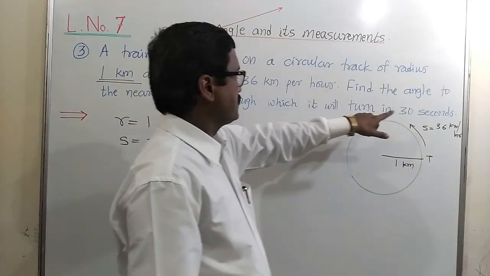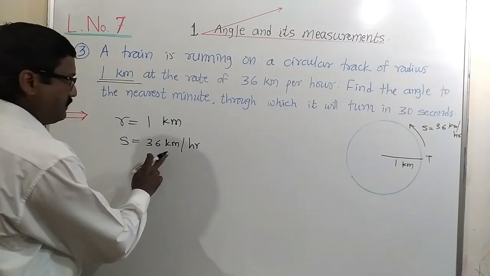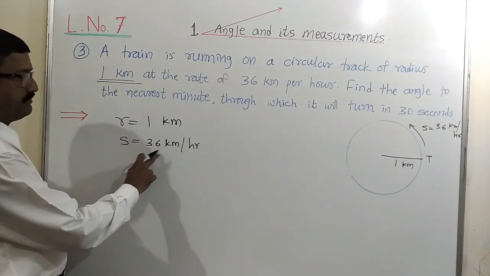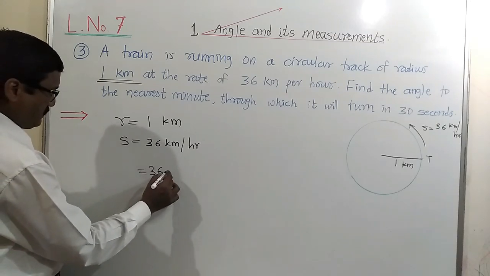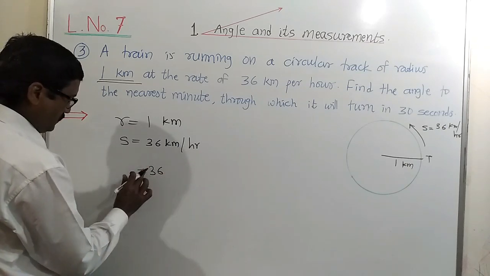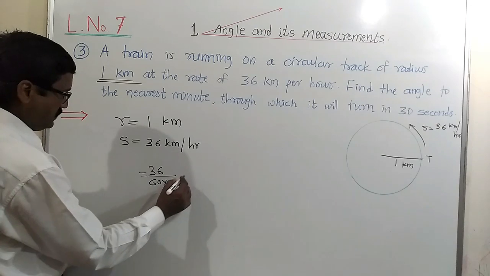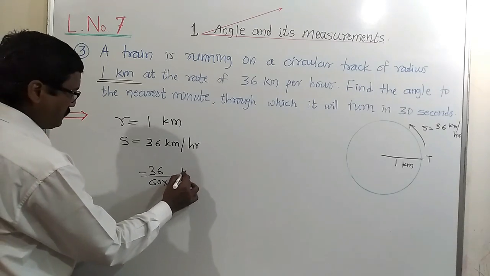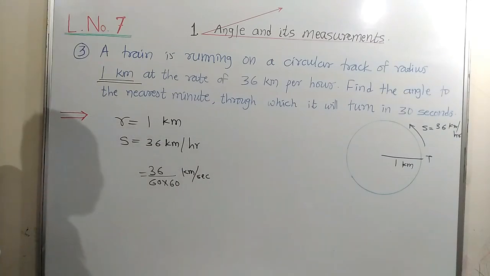You have to find the distance covered by the train in 30 seconds. Therefore, first convert this speed per second. So it will be 36 upon 60 into 60. It will give us speed in kilometers per second.